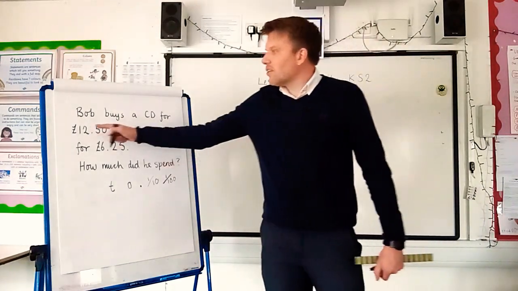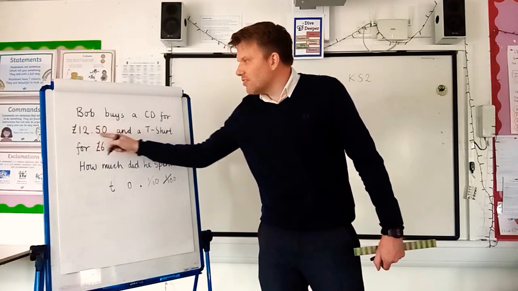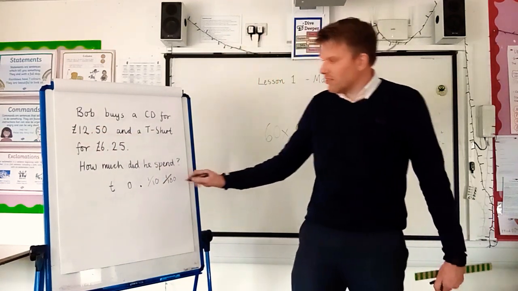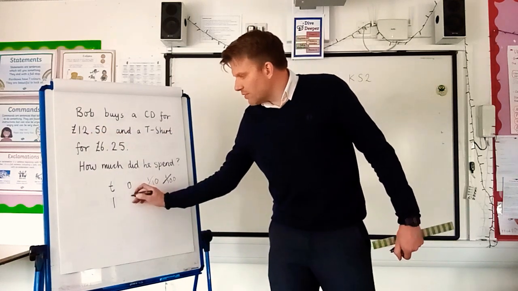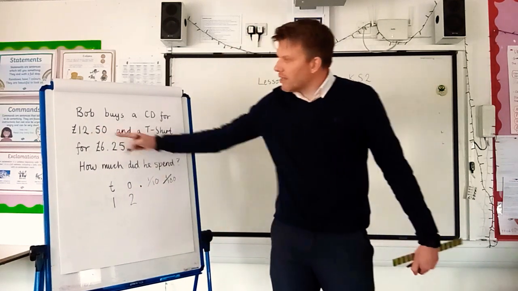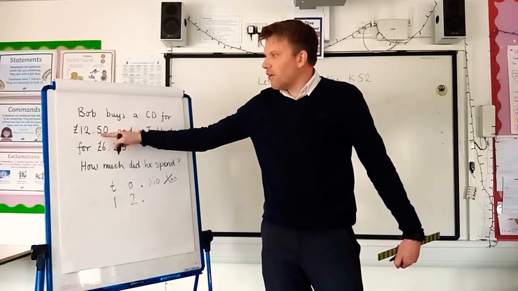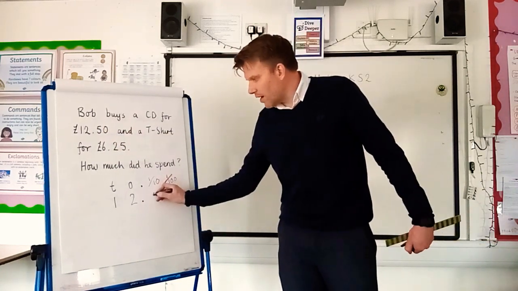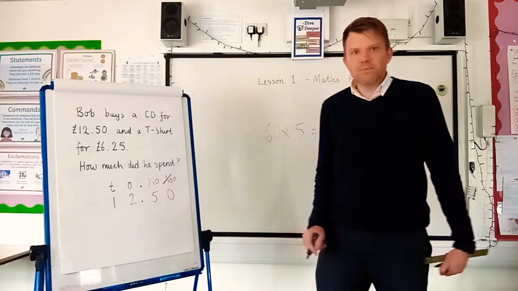So I've got £12.50. How many tens are in £12.50? Are there any tens? Yes, there are. So I put 1 there for my 12. Then I put 2 there for my 12. I've got my decimal point, which I put down. And then I've got 5 and 0. So I've got 5 tenths and 0 hundredths.